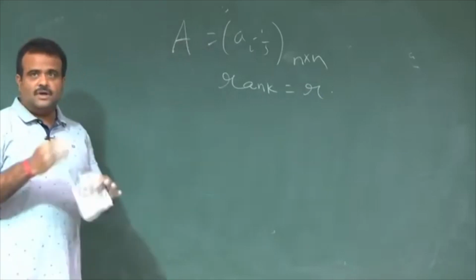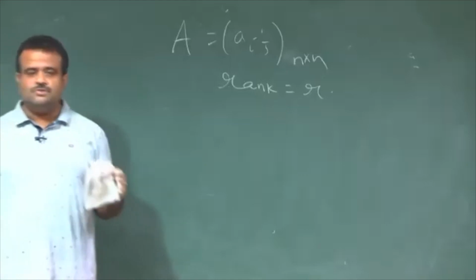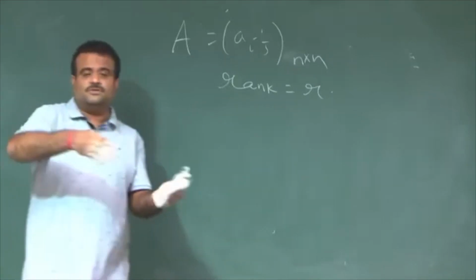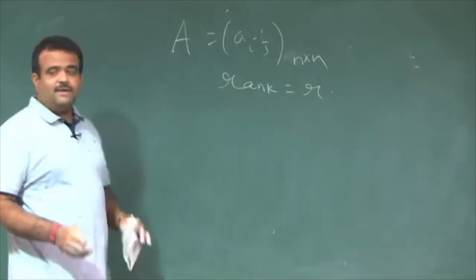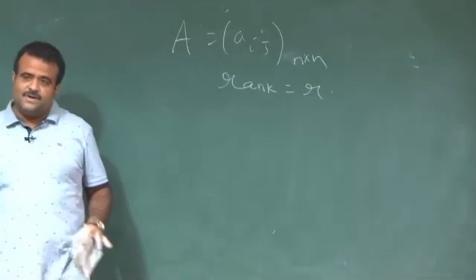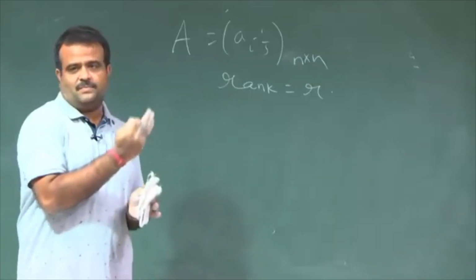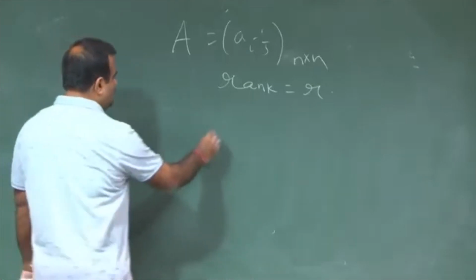Then if we apply row operations, it will reduce to a row reduced echelon form. Then again if we apply the column operations, it will reduce to a column reduced echelon form. So, applying row operation means we multiply the elementary row matrices as a prefix, and applying column operation, the elementary column matrices.